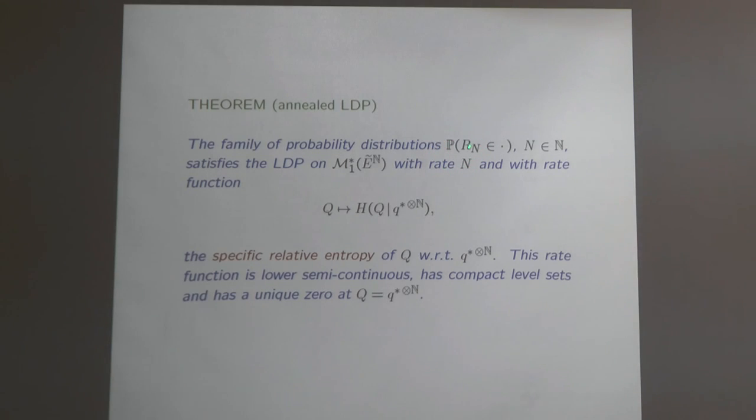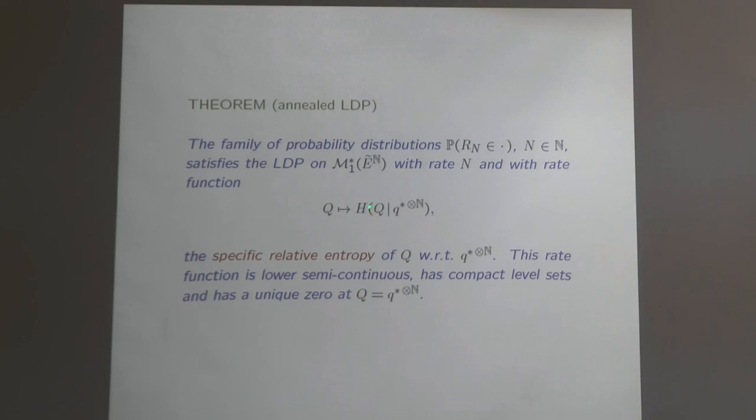If you look at the probability distribution of this quantity under the joint law of the letters and the times, then this is just a large deviation principle for an ID sequence of random variables that lives in a slightly more fancy space, which is this word space, and therefore it will satisfy a large deviation principle in the weak topology with rate n, and with a rate function that is just the specific relative entropy of the measure that you want to be close to in this shift invariant infinite sequence space relative to your law, right?